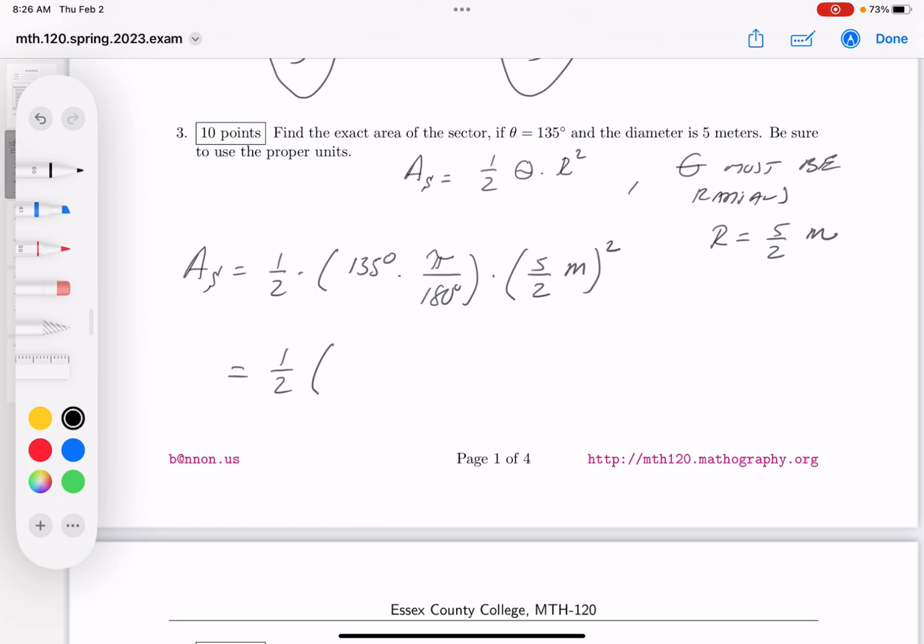And that's going to be 3π/4. And then 5 squared is 25. 2 squared is 4. And I get meters squared. I'm going to keep going and see if I can do that. Well, it doesn't look too bad. It's 75 pi. And then you get 2 times 4 is 8. And 8, did I make a mistake somewhere?